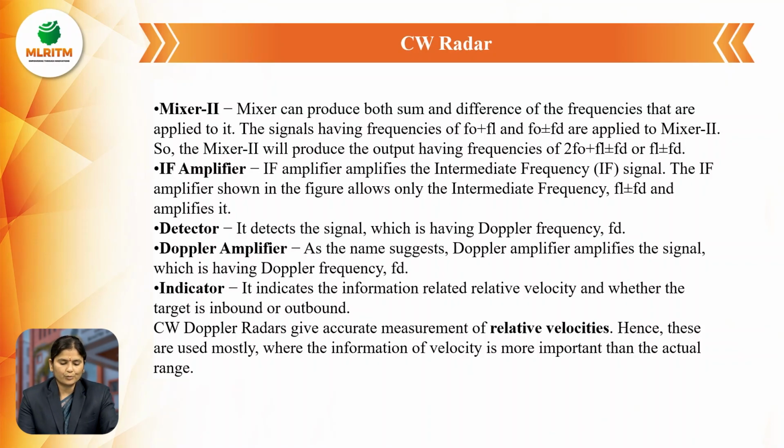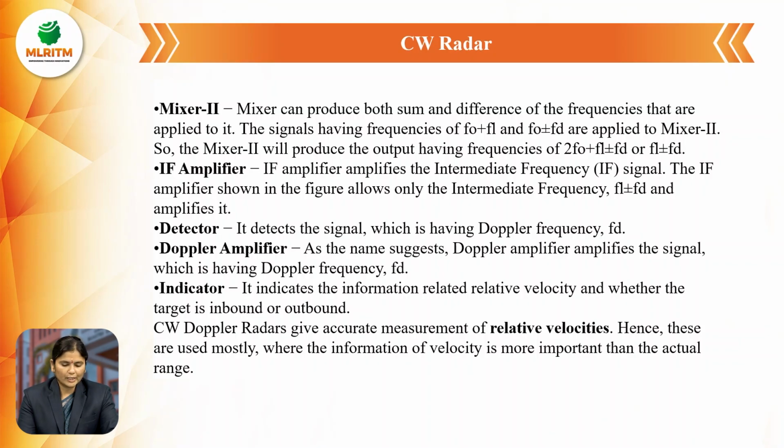The signals with frequencies F0 plus FL, and F0 plus or minus FD, are applied to mixer 2. So mixer 2 produces output frequencies of 2 F0 plus FL plus or minus 2 FD.